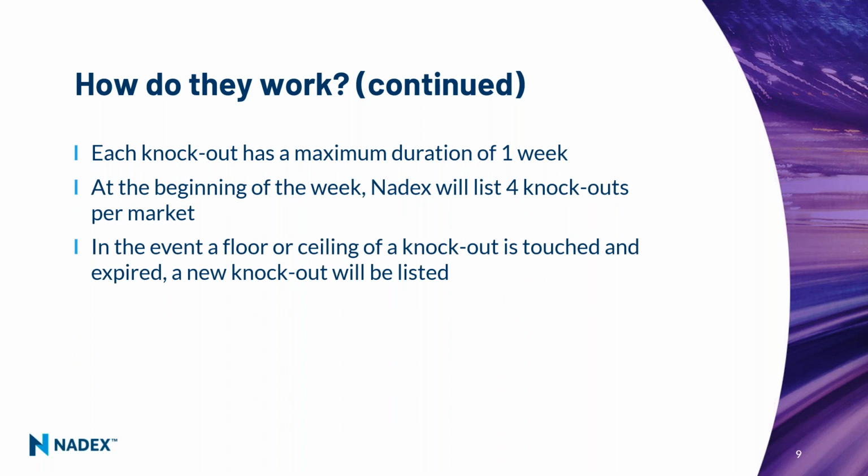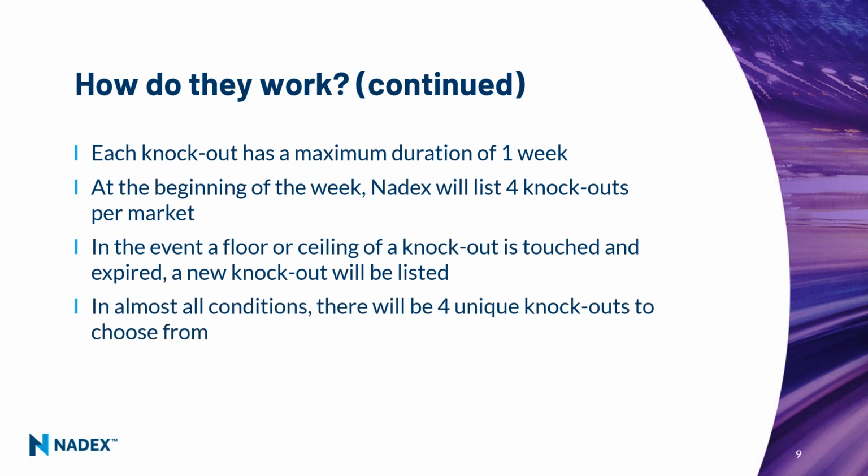Now, as the week goes on and a floor or ceiling is touched, a knockout, that contract disappears, it settles, and then we will list a new knockout. I will show you that process as well. So in general, there will be 4 contracts for you to choose from. And again, I will go through why we give you 4 contracts to choose from.